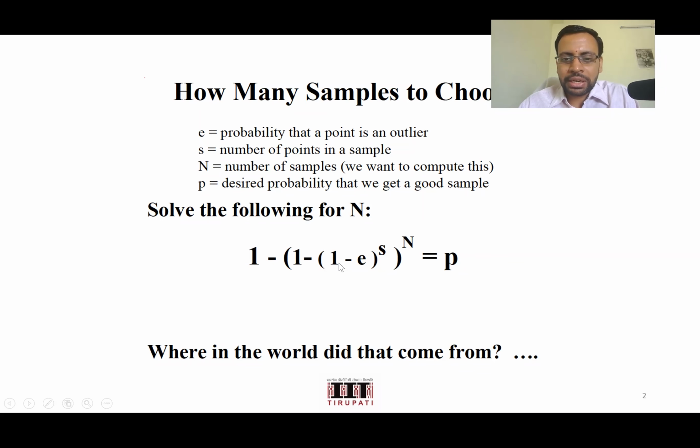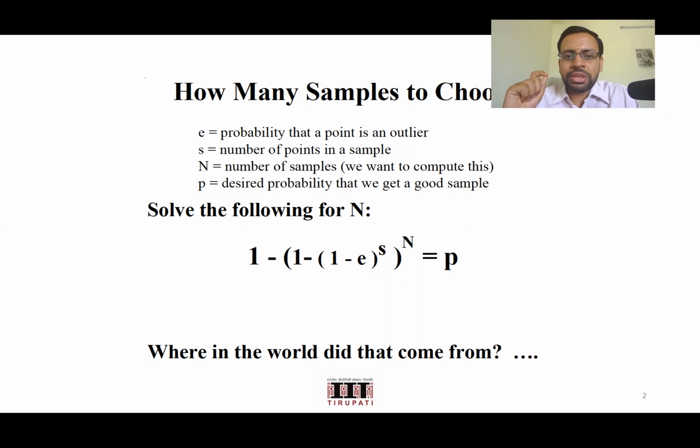Let me again mention what these variables are. E tells you what percentage of outliers you have, out of all the values you are obtaining from each minimum set of required points to obtain the parameters.